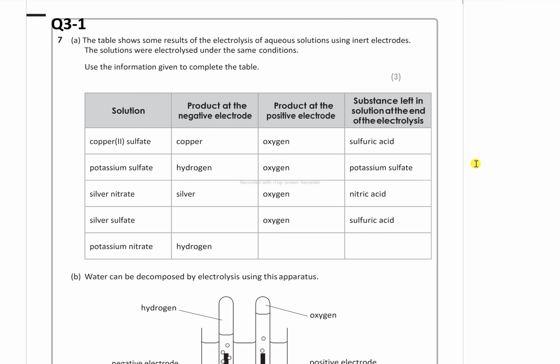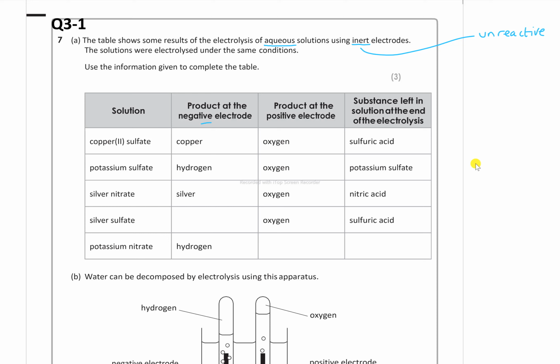Right. This table shows some results of electrolysis of aqueous solutions using inert electrodes. Inert just means unreactive, not reactive. Right. You've got copper sulfate.